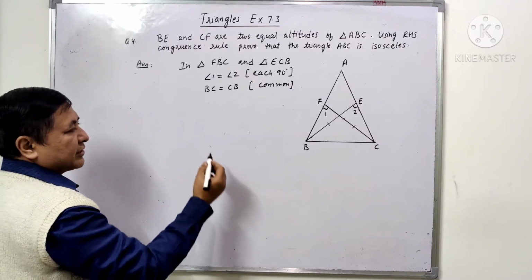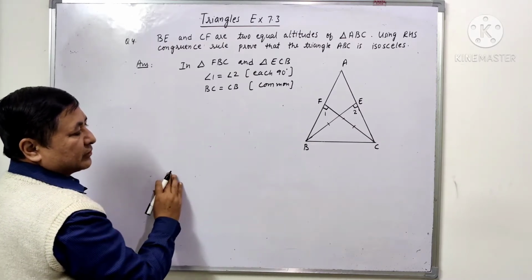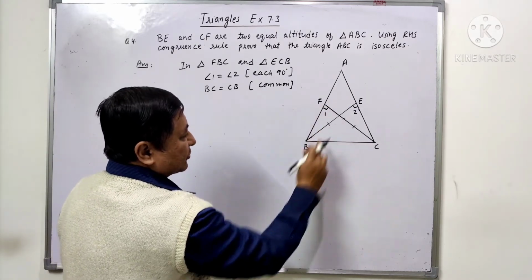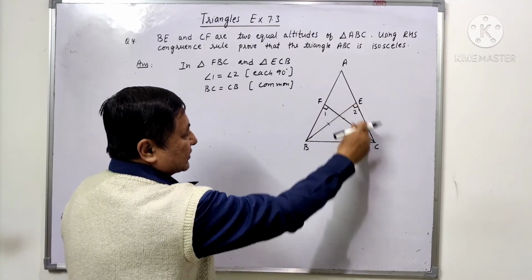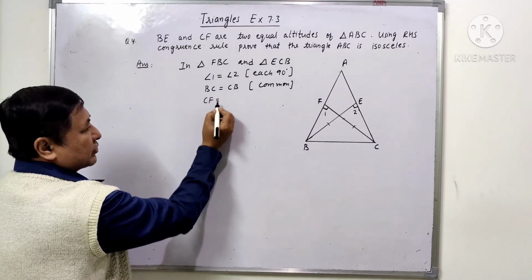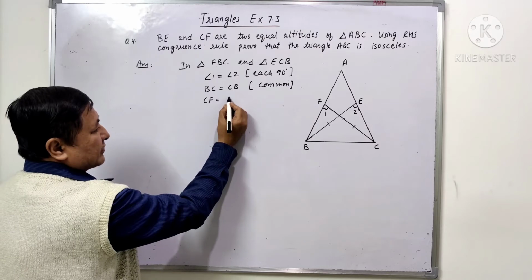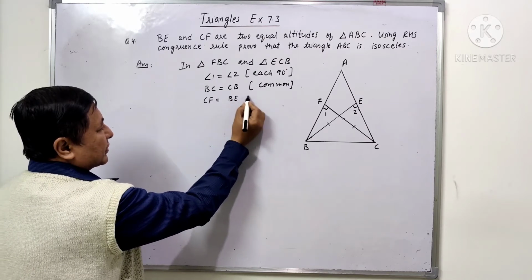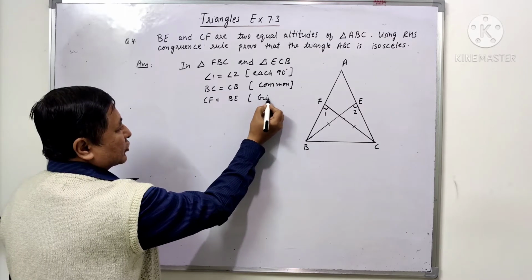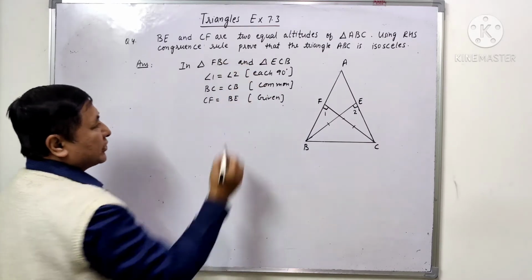And also it is given that the altitudes are equal. So in the triangle FBC, CF is the altitude, and in the triangle ECB, BE is the altitude. So CF is equal to BE. It is given in the question that the altitudes are equal.